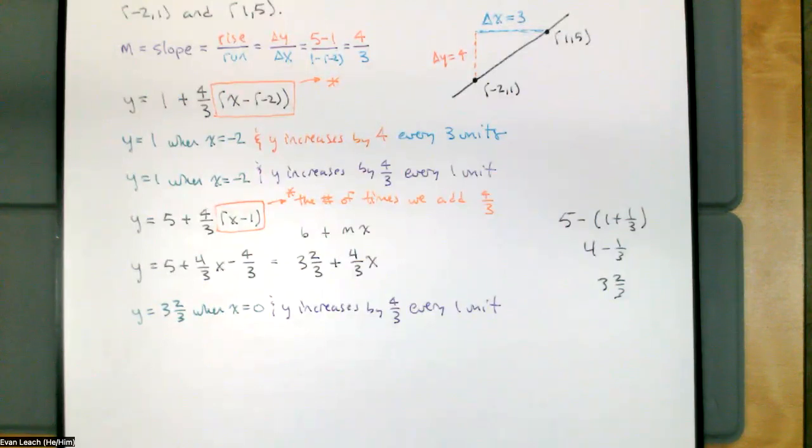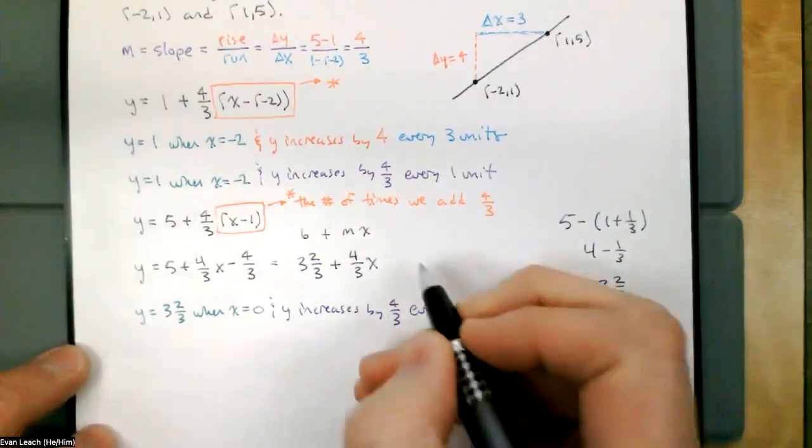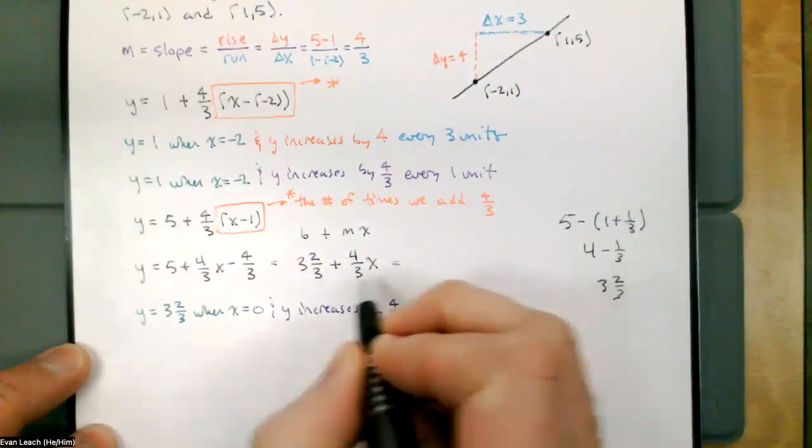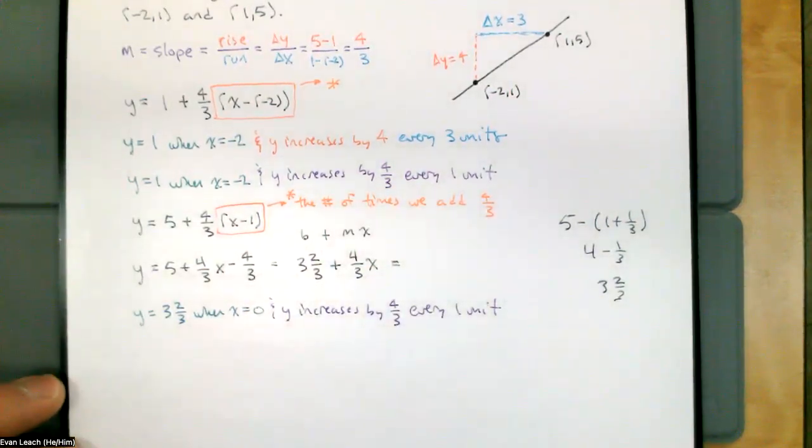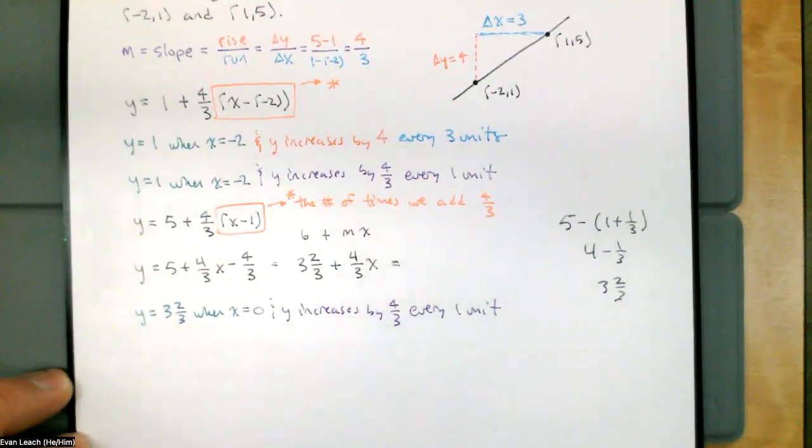There's another form of equation that we have, but I'm going to need the improper fraction here. So 3 times 3 is 9 and 2 is 11.